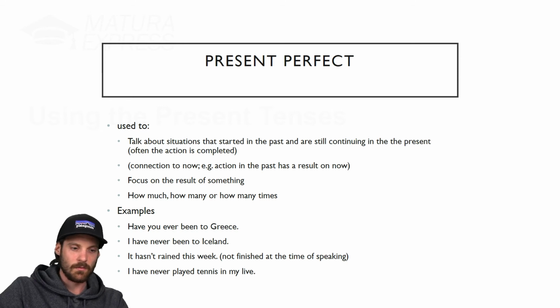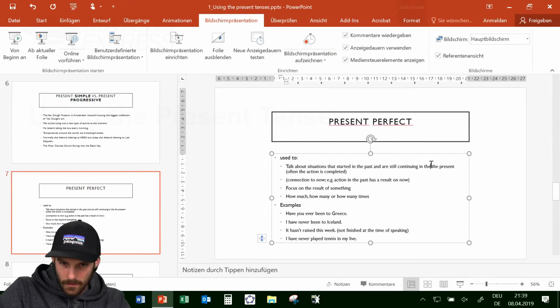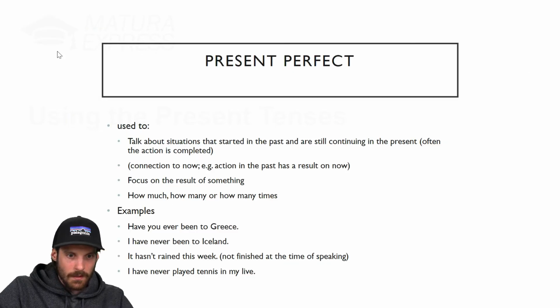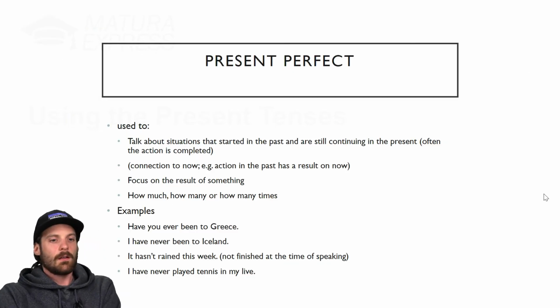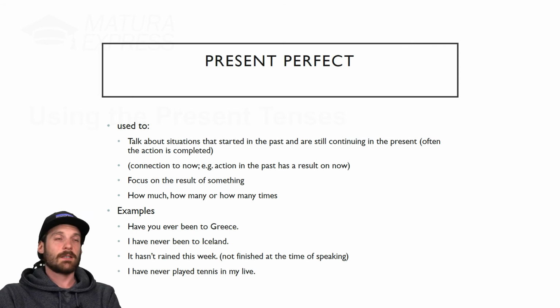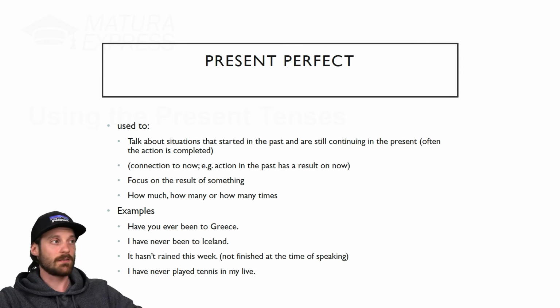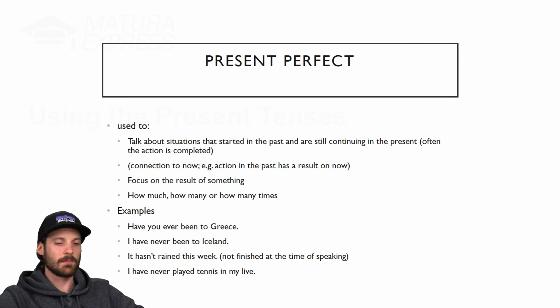I wrote this, so I'm going to shortly correct it. And often the action is completed, but the main thing is that something started in the past and continues until now or even after speaking.